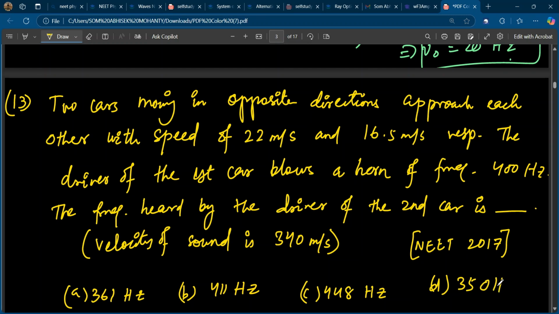Two cars moving in opposite directions approach each other with speed 22 meter per second and 16.5 meter per second respectively. The driver of the first car blows a horn of frequency 400 hertz. The frequency heard by the driver of the second car is how much?